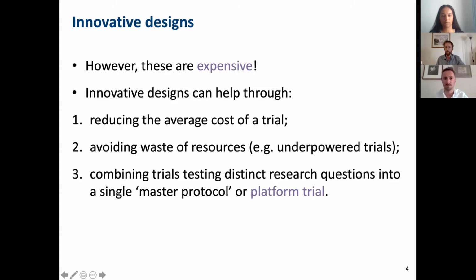Innovative designs can help, hopefully, through reducing the average cost of doing an evaluation, and through avoiding underpowered evaluations, so avoiding wasting resources on studies that have no chance of finding a truly effective intervention. What I'll be talking about is combining what might traditionally be separate trials, each answering a separate research question, into a single master protocol or platform trial. That's what we're going to concentrate on today, but I'm also very interested in these other areas.